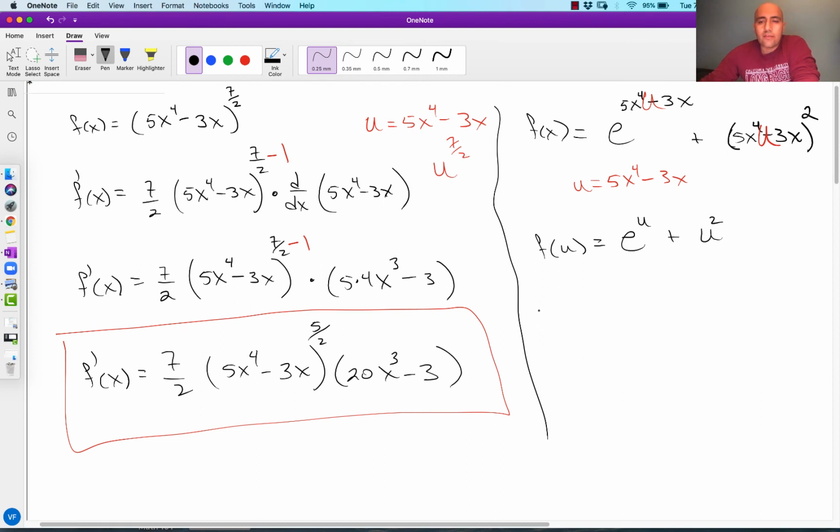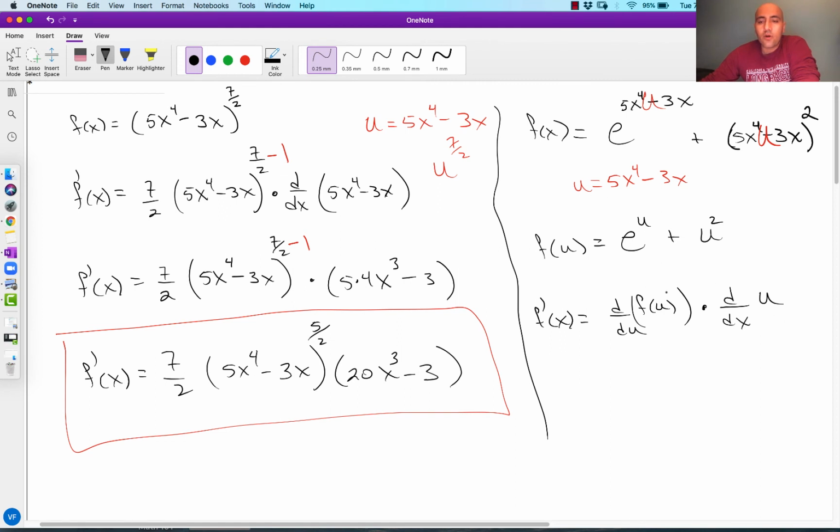Okay, so then the derivative with respect to x, f prime of x, is now going to be equal to the derivative of this f of u function with respect to u. So we did our substitution. We get to take its derivative with respect to u. Good job. That's going to be nice and easy. But then we have to take the derivative with respect to x of our u function, which is this guy.